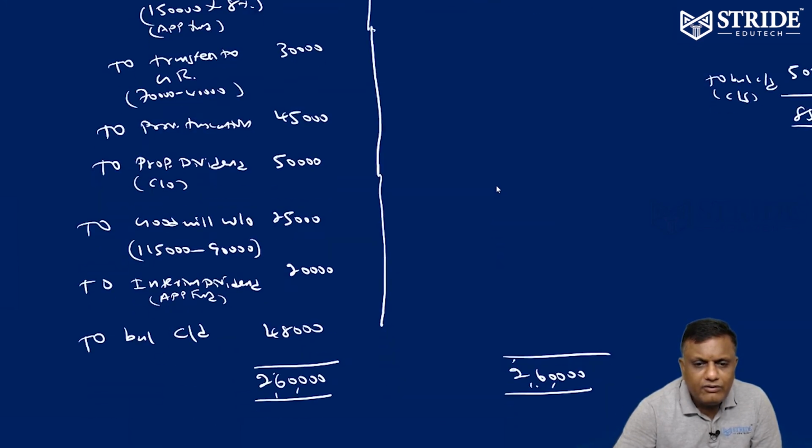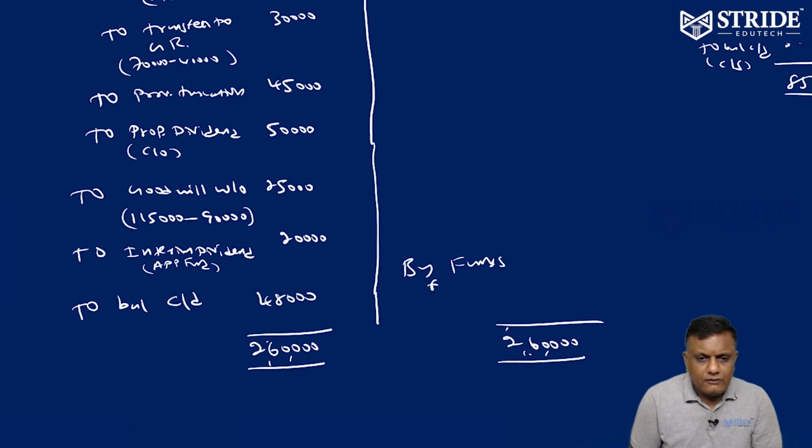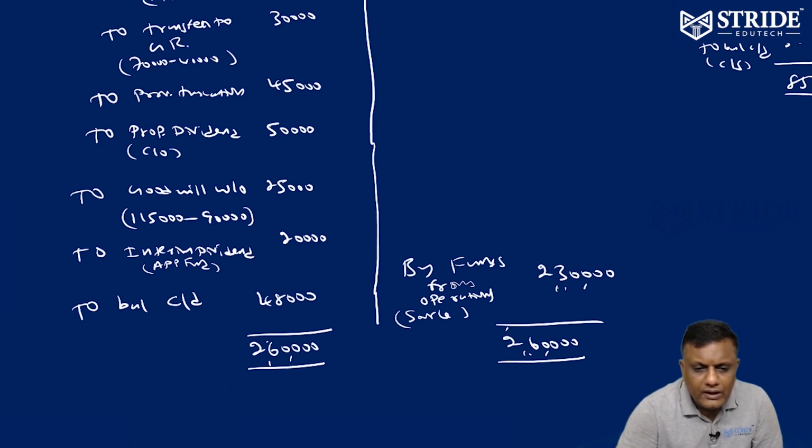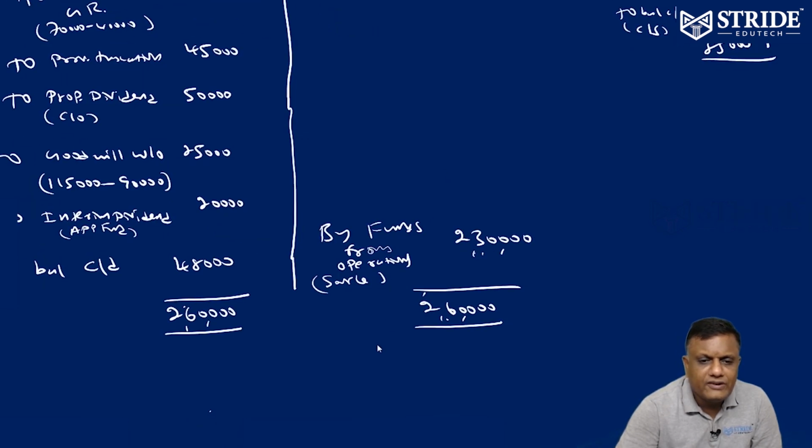Missing figure by funds from operations. Fund from operations is always source of funds. So total 2,30,000. So 2,30,000 is the missing balancing figure. So now the second part is over.